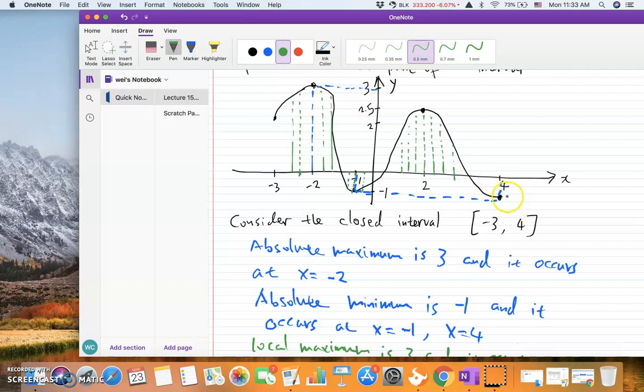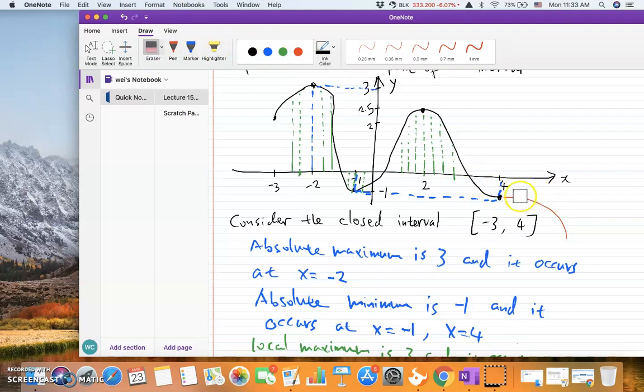Because we are not given any information about the function value when x is greater than 4. Because if the graph looks like this, if the graph goes this way, then this will not be a lower point.